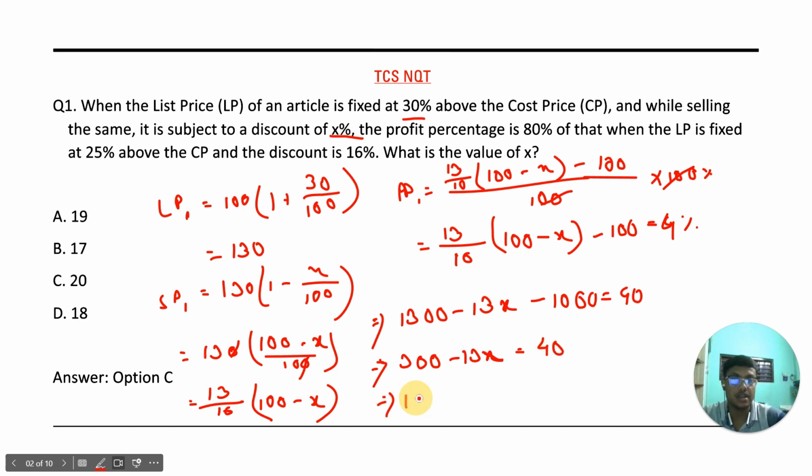If we simplify it, we have 13x equal to 260, which implies x equal to 20%. So the required value of x comes out to be 20%, which is option C. Hope you all got the logic. Let's move on to our next question.